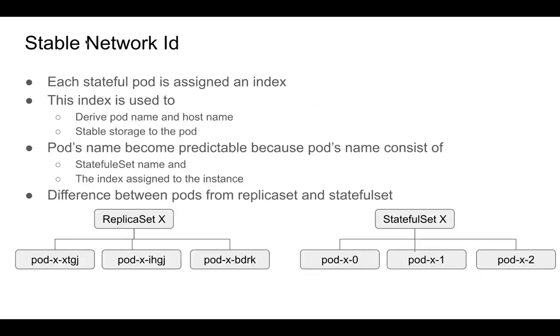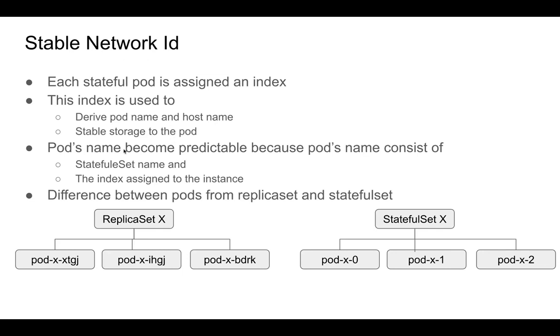Now, what is a stable network ID? Each replica of this stateful set needs to have a stable network ID. A stateful pod is assigned an index. This index is used to derive the pod name and the host name, and also the stable storage for the pod.